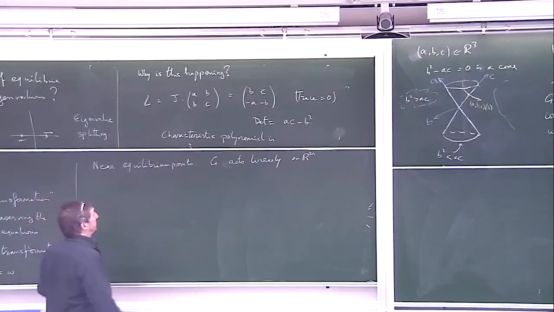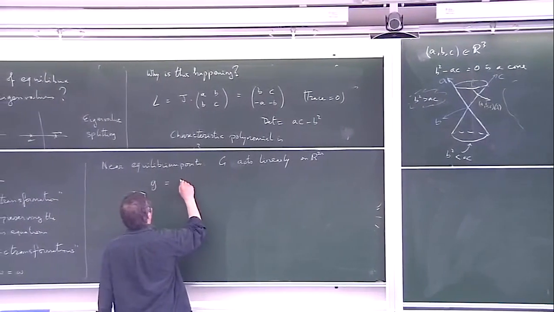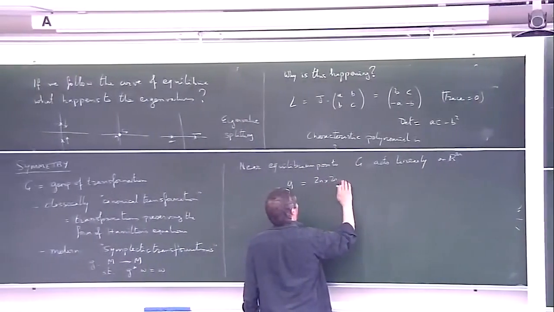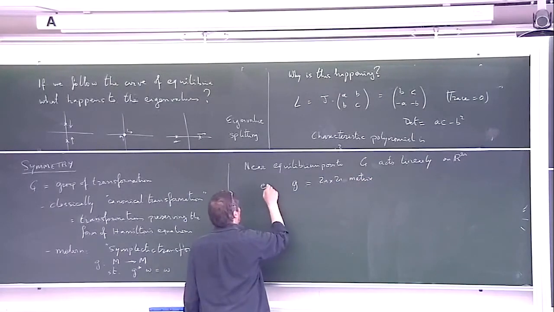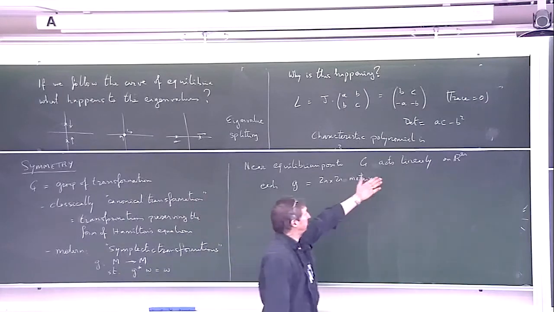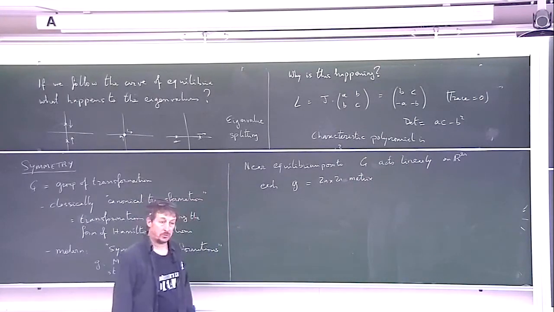So this means that each G is a 2n by 2n matrix. And in particular, it has to be what's called a symplectic matrix.